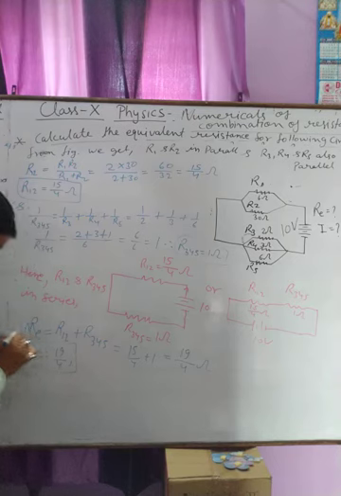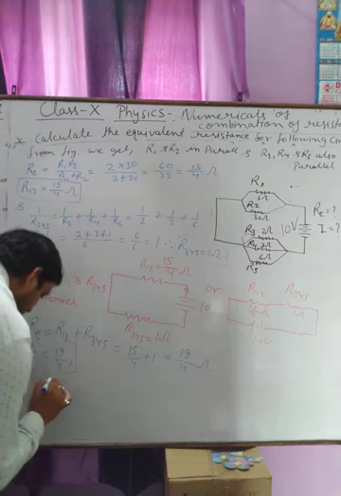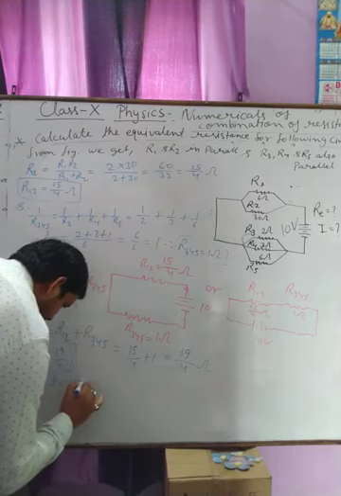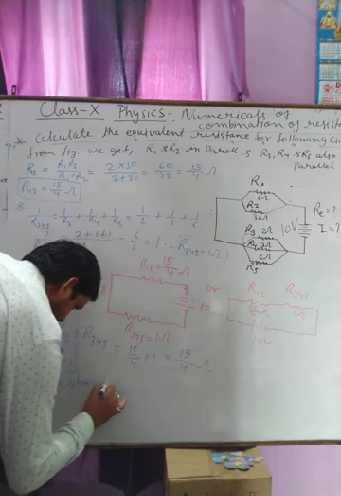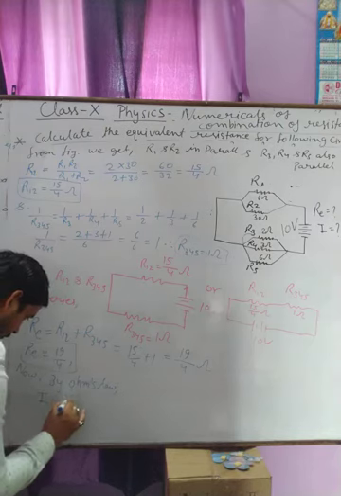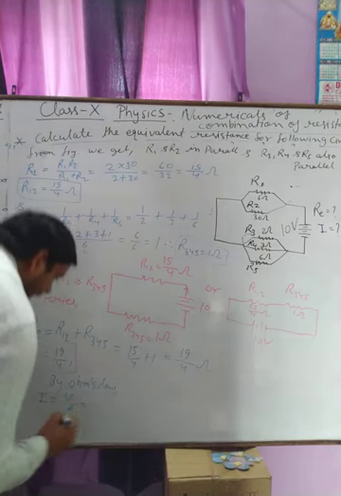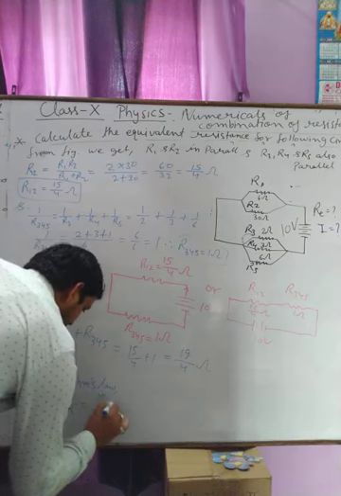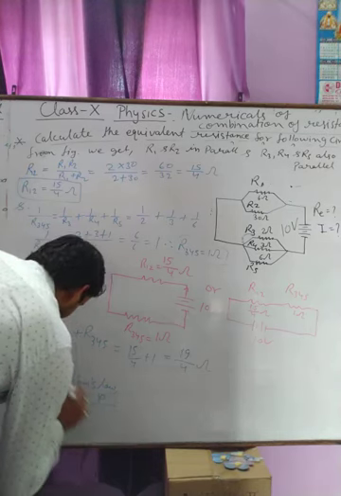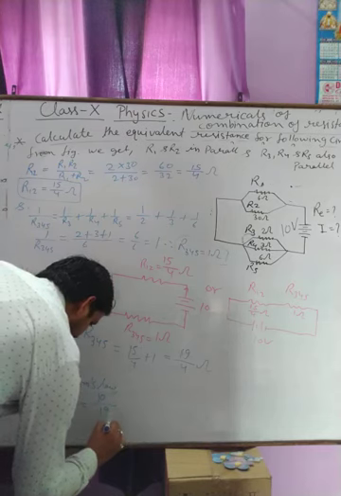Now for calculating current by Ohm's law, current is equal to V upon R, that is 10 upon 19 by 4.